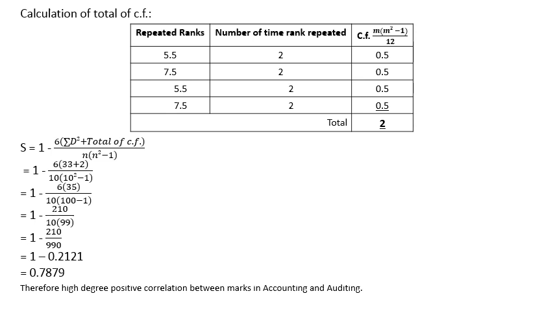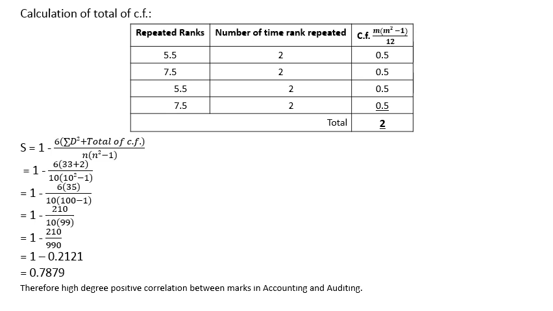That is equal to 1 minus 6 into 35, 33 plus 2, 35 divided by 10 into 100 minus 1. 1 minus 6 into 35, 210 divided by 10 into 99. That is equal to 1 minus 210 divided by 990. That is equal to 1 minus 0.2121. That is equal to 0.7879.